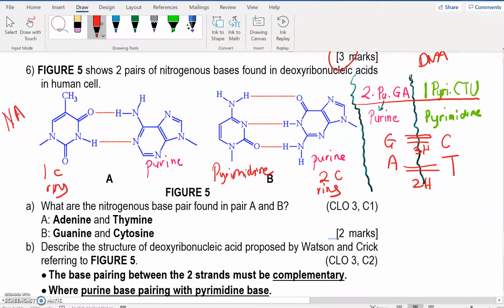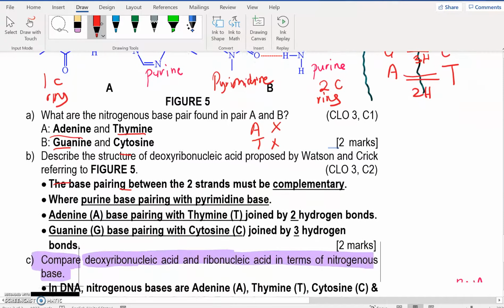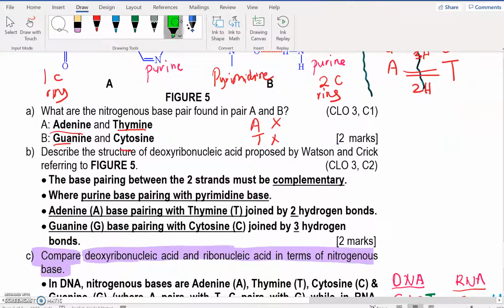So try to avoid writing AT; you must write down the full sentence. And how to describe it based on Watson and Crick. There are a lot of alternative answers, but teacher likes to emphasize this one.